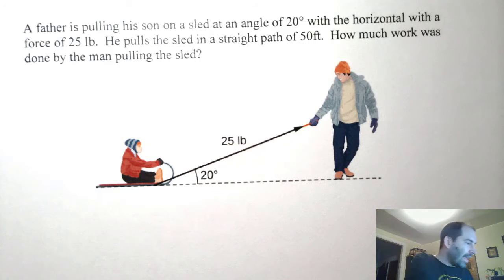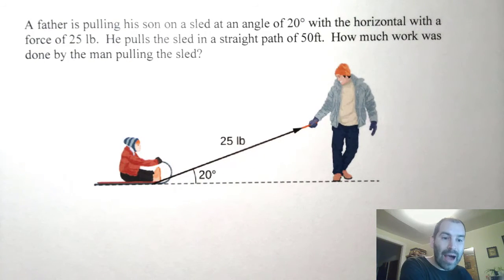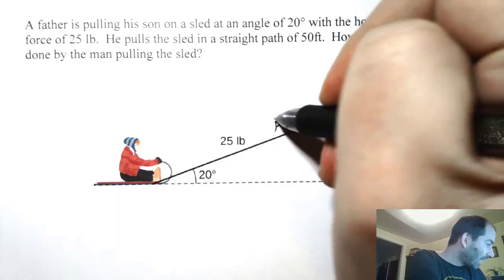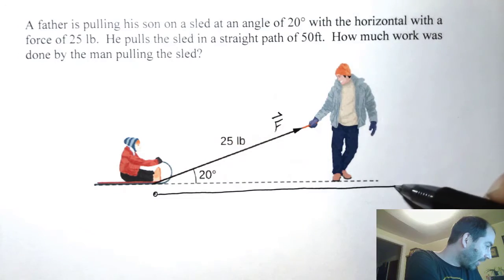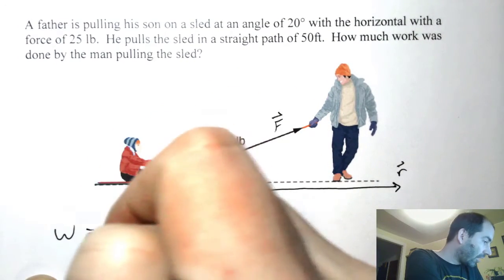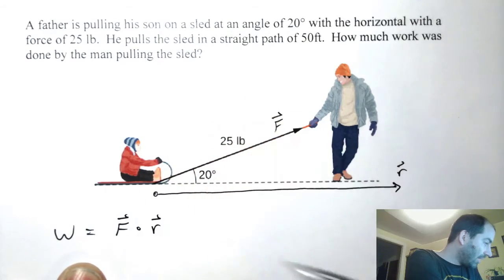If you remember the relationship between dot product and angle, then we can just use that. So remember, what we need to do is take this force vector and dot it with our displacement vector. That's going to give us the work. So we're going to take force dotted with displacement.